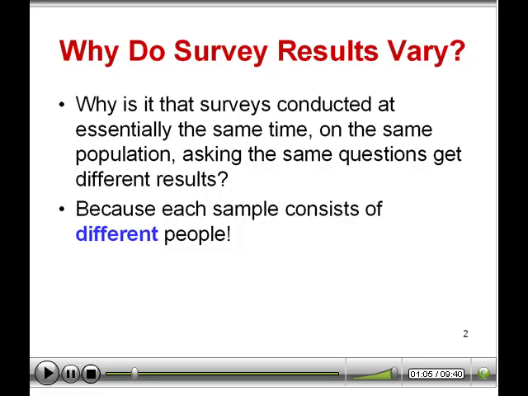The Gallup poll estimated the percent favoring Kerry to be 49%, making it a very close election, whereas the Rasmussen poll estimated the percent favoring Kerry to be only 45.9%, not such a close race. So why do polls vary? The answer is simple: because the subjects are different. Different people yield different results.